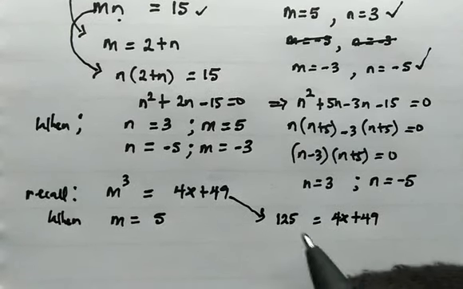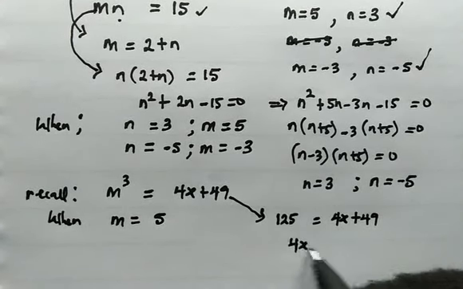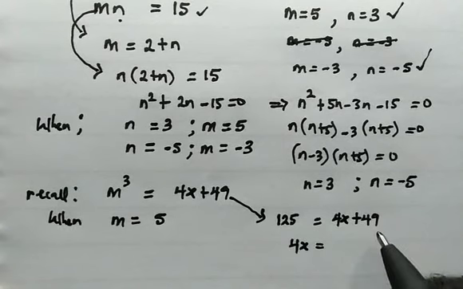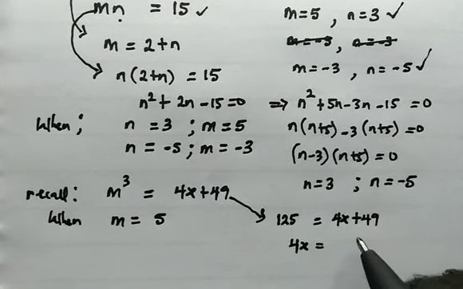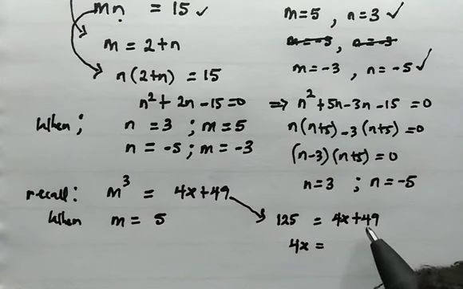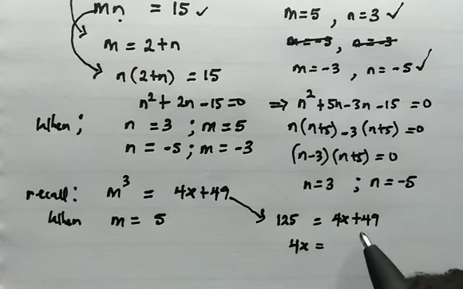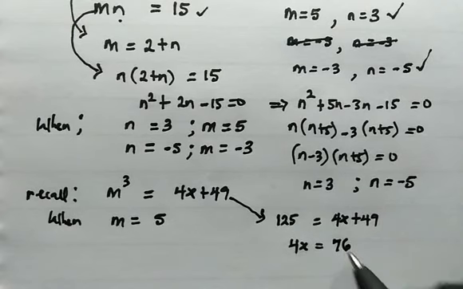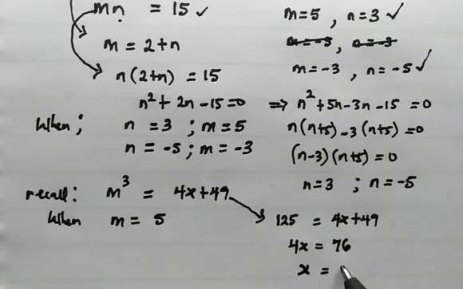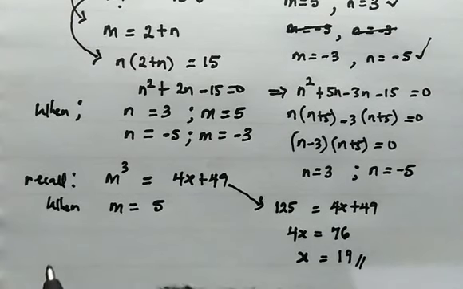So from here, we have 4x, which is equal to 125 minus 49, right? Let's check it out. Yes, so we have here 125 minus 49, and that will give us 76. Yes. Now divide both sides by 4, we get x is equal to 19, right? Okay, cool.